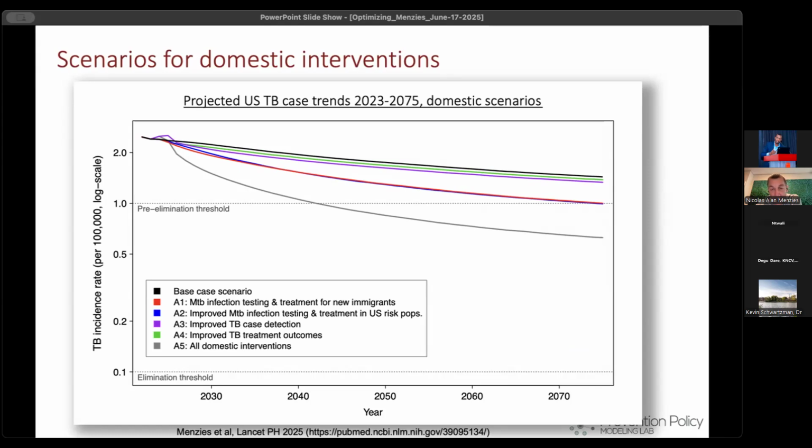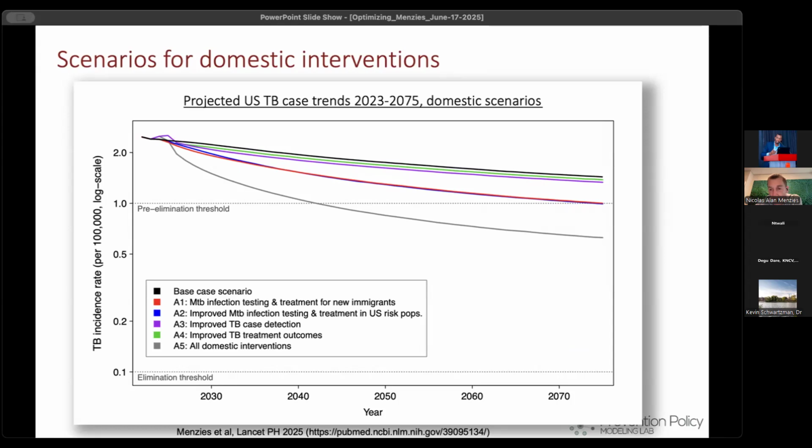But in a country like the US, where transmission within the United States isn't really too much of an issue, making sure we better treat those people inside the United States, or better identify them in the purple line, they're having a very small effect on the overall trend line. So for us in the United States, TB prevention is really the key.